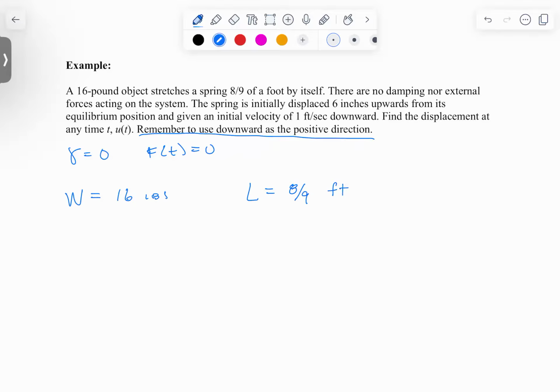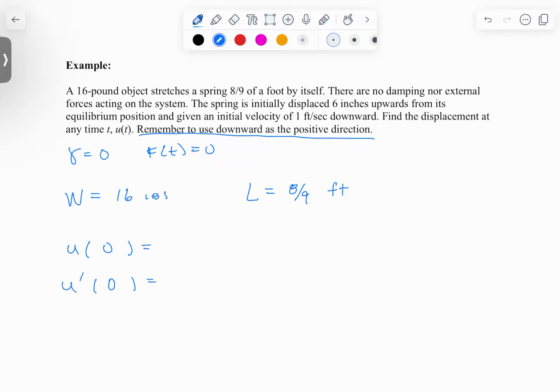Now, here's the other thing. I can set up my initial conditions. Initially, that means what's our time? Time is 0. Initial velocity, initial displacement.